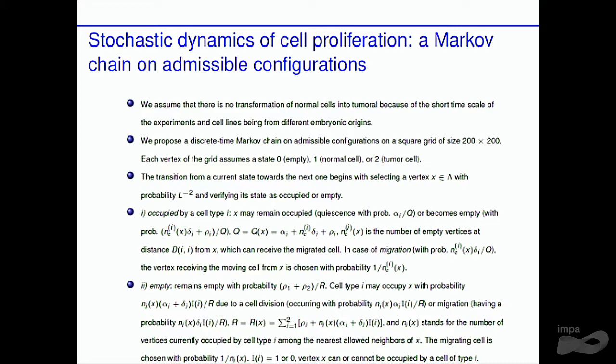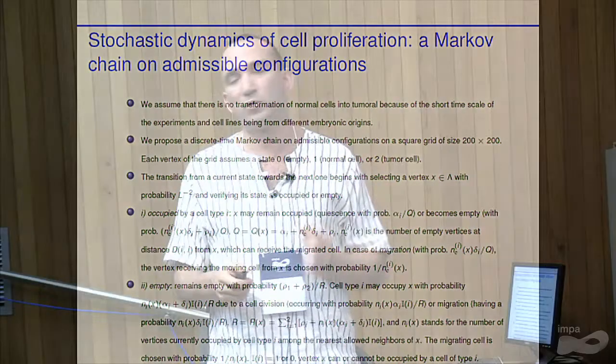And so in order to compute the dynamics, what we do is the following. We take one of the vertices with a probability of 1 over the total number of vertices of our grid. So we take at random with uniform distribution one of our vertices, and we verify if this vertex is occupied or empty.